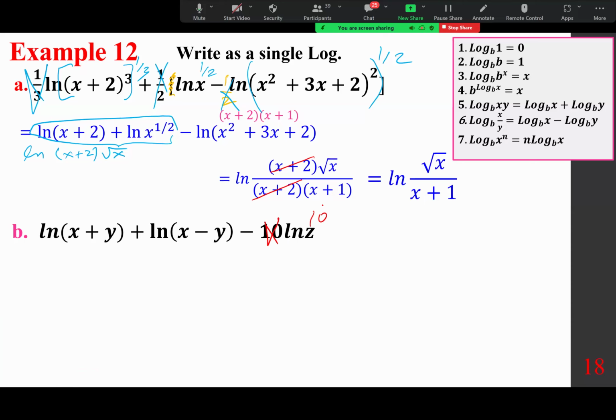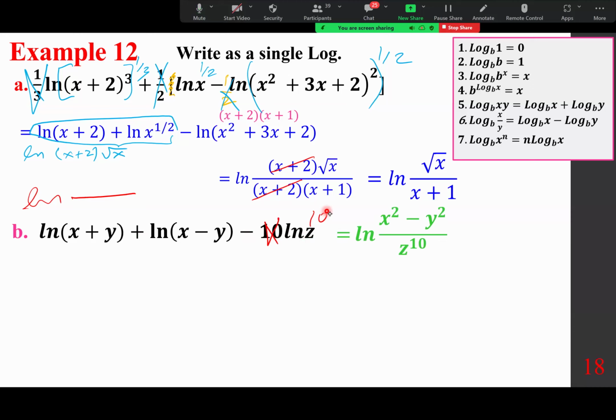Then by now you should be able to do this in one shot. Ln of a fraction bar. So you basically write down ln of a fraction bar. What comes at top? The product of this and this one, because we have a plus sign. What goes at the bottom? Because we have a negative sign, z to the power of 10.